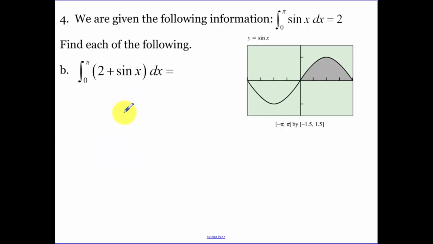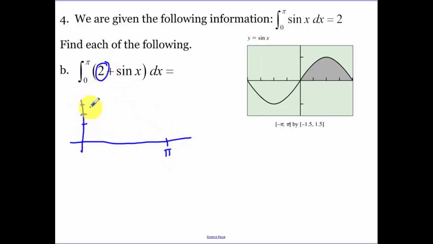Okay, the next example. Well, what did we do for the last piece? Basically we're going to adjust this area up 2 units. So from 0 to pi, I'm going to shift my curve up 2 units.